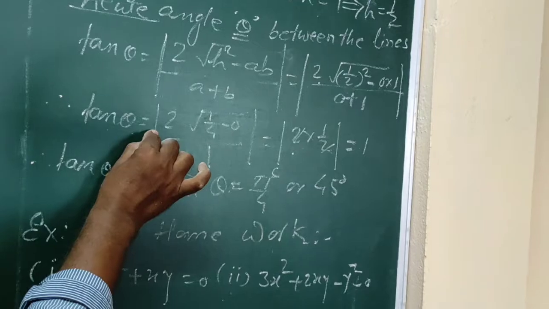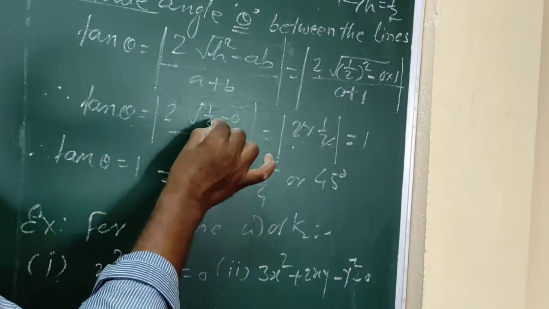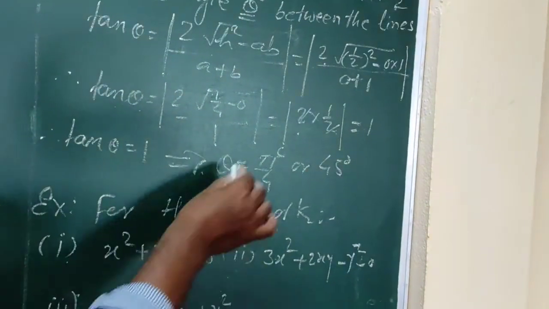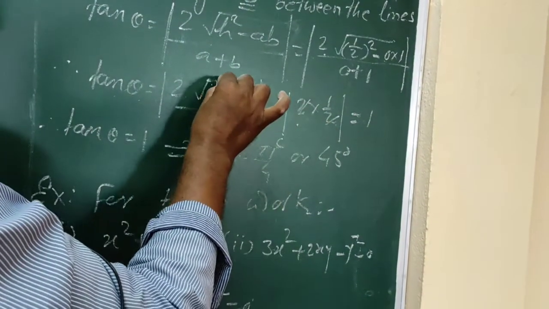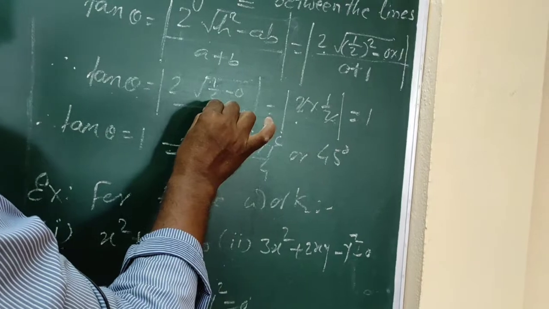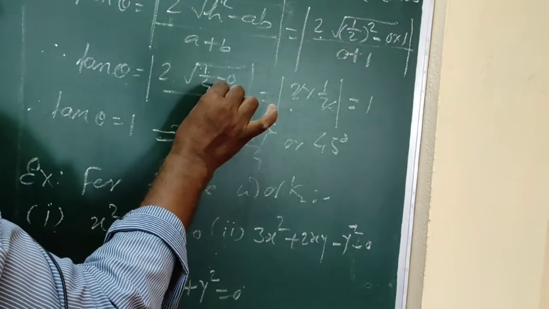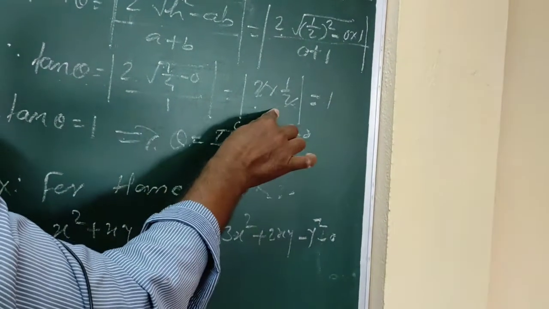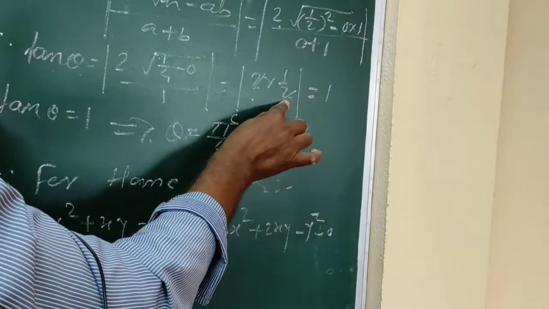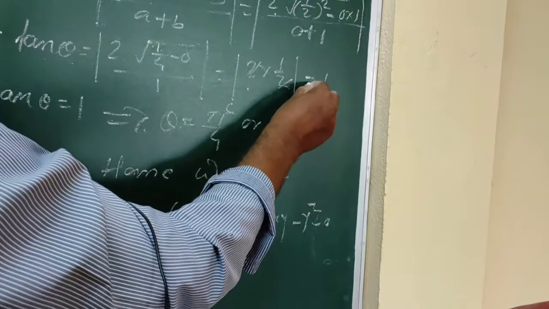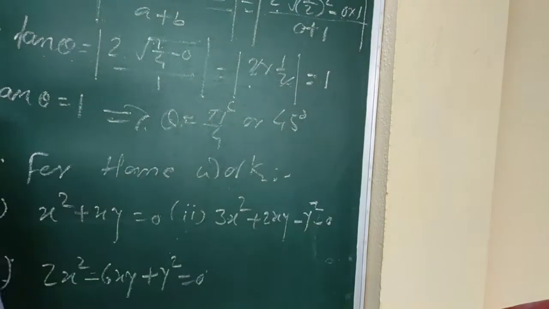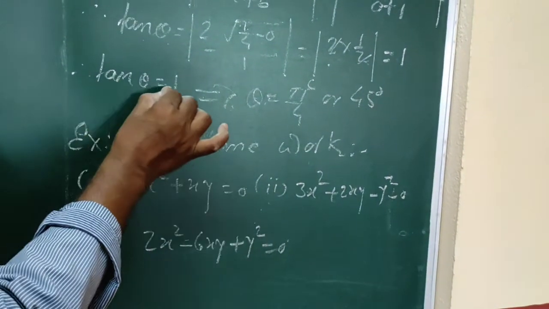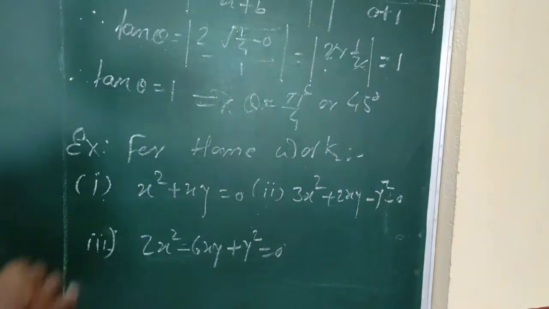Simplifying it, you will get 2 into square root of 1 by 4 minus 0, 0 plus 1 is 1, and that is 2 into square root of 1 by 4, directly we can take it, 1 by 4 minus 0 is 1 by 4, and it is 1 by 2, 1 is not written here in the denominator, 2 gets cancelled, and finally you will get the value of tan theta is 1.